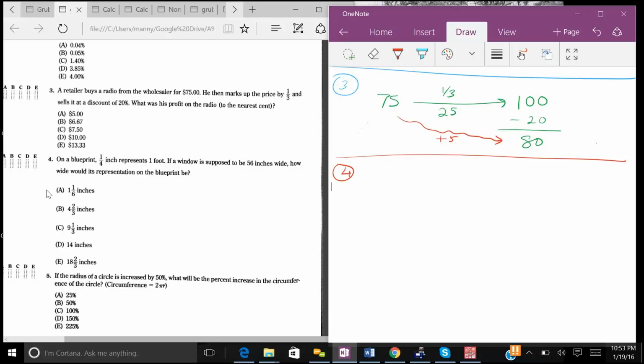Okay, it's B, 4 2/3 inches. See, you fell into a trap. There are 2 traps with cross multiplication. Okay, let me show you the traps first. 2 traps with cross multiplication.